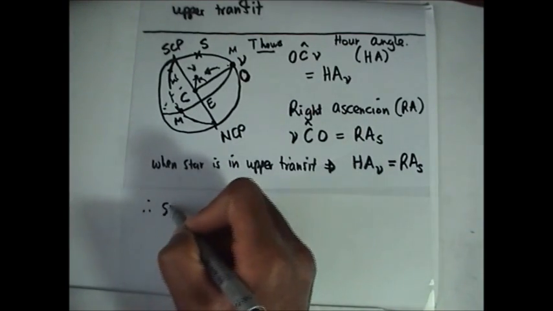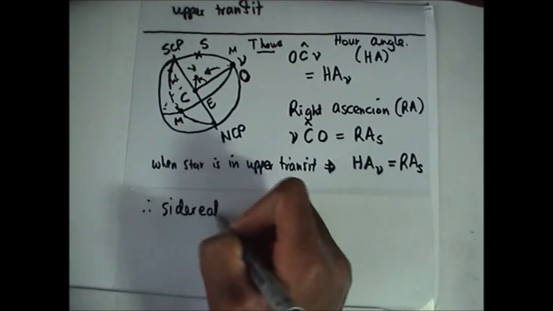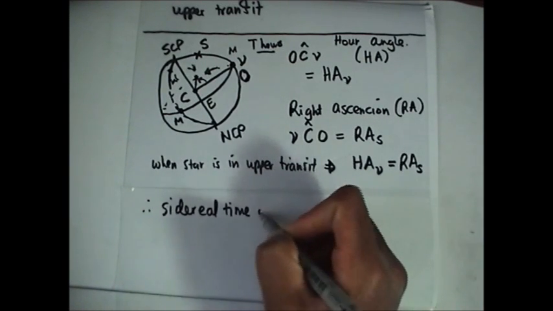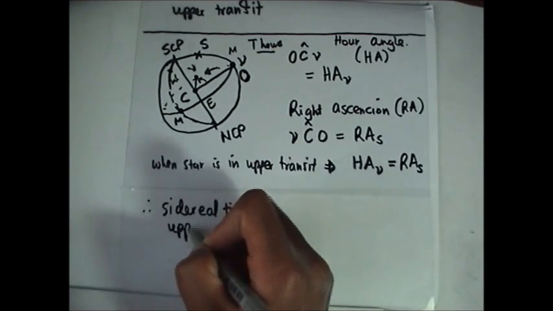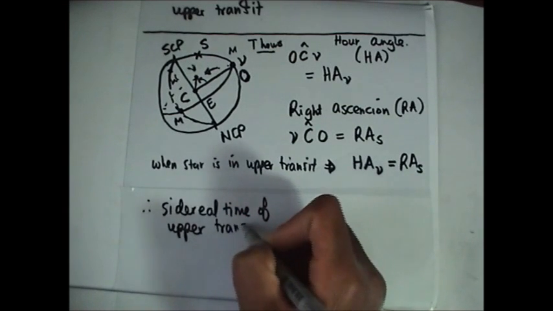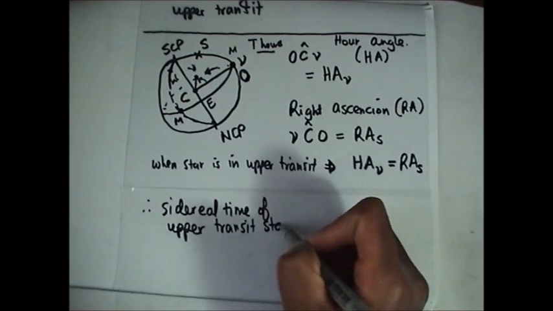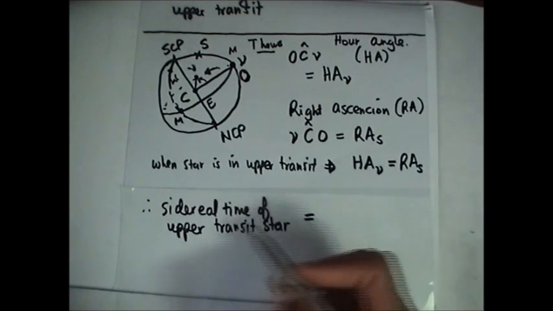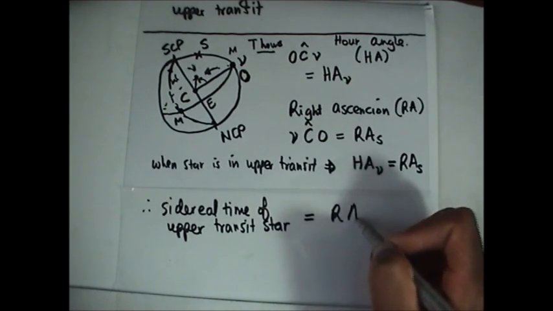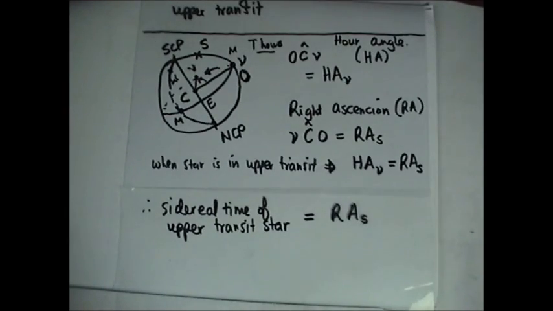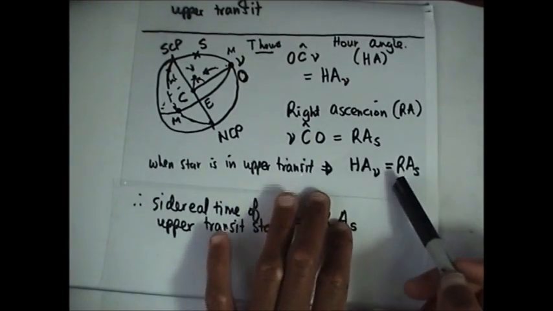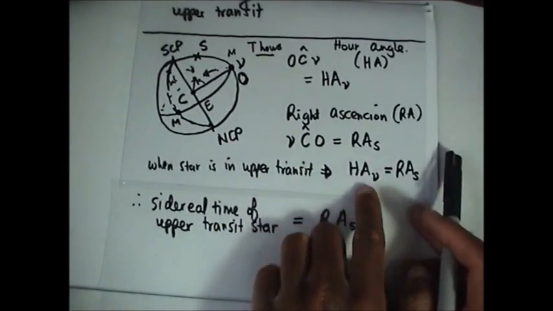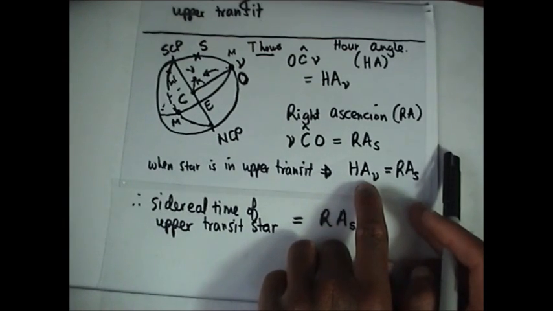Therefore, the sidereal time of the upper transit star is equal to the right ascension of that particular star.